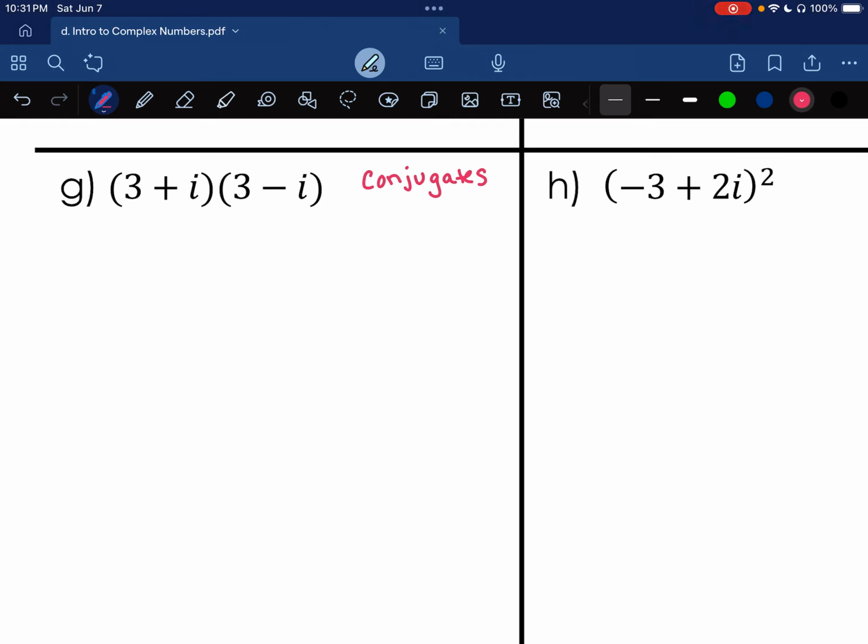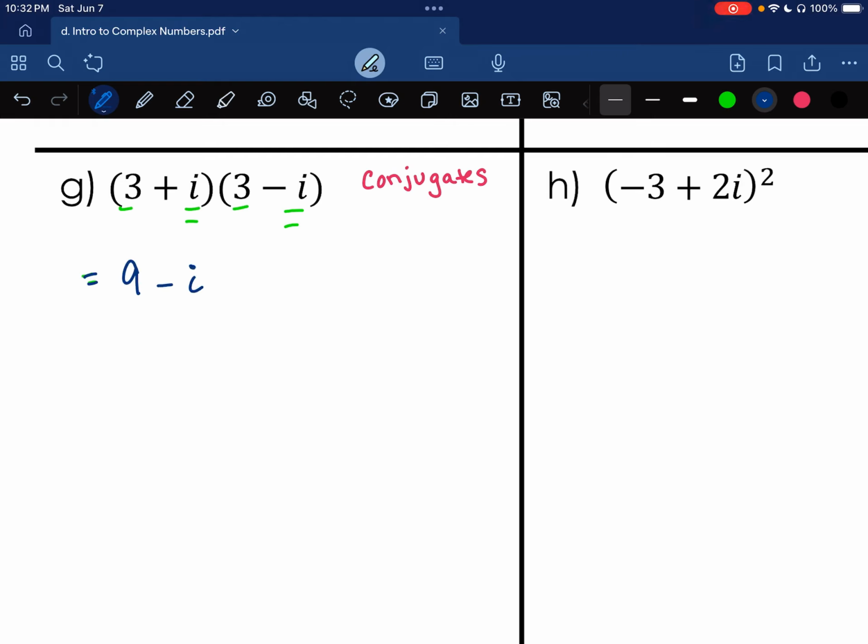So I could FOIL here, but I know that I'll end up with a plus 3i and a minus 3i in the middle. And so what I'll actually do to save some time is just square the leading term and square the last term. So this will look like 9 minus i squared.